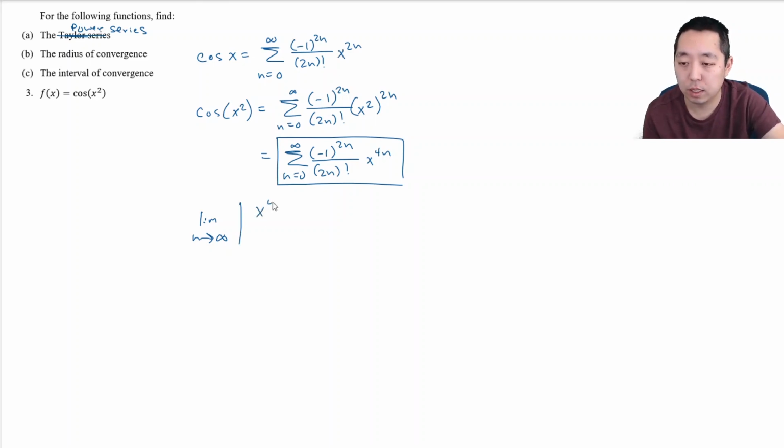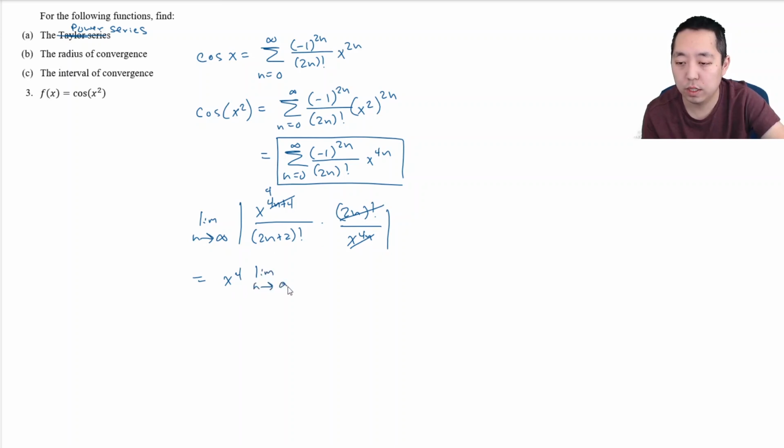So it's going to be x to the 4n plus 4, because I'm doing n plus 1 here, over (2n plus 2)!. I'm doing the ratio test. It's going to be (2n)! over x to the 4n. That's going to be x to the 4th, limit as n goes to infinity, of 1 over (2n plus 2)(2n plus 1).